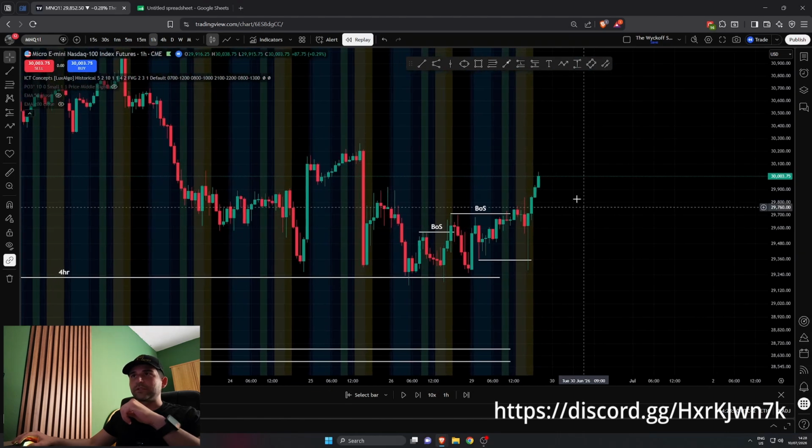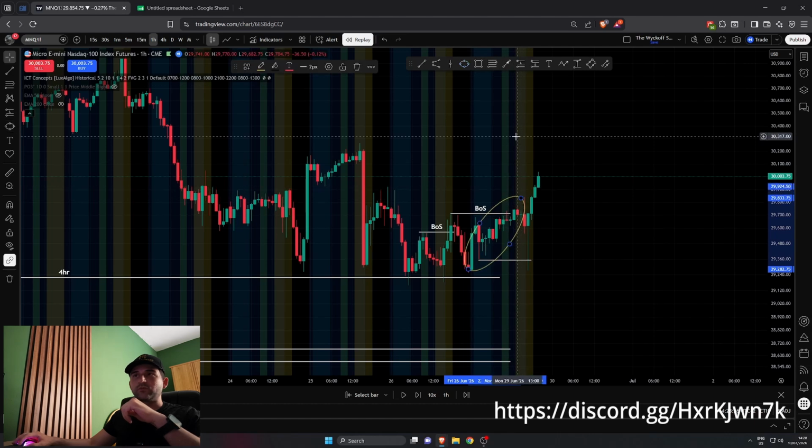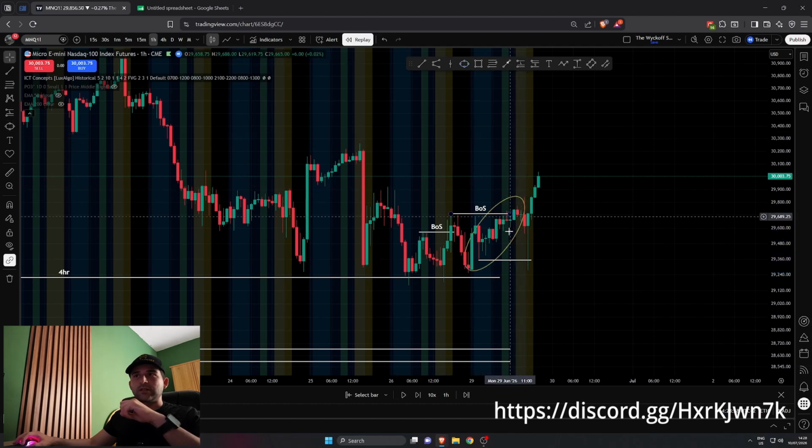Now I shall talk about this bullish price movement here. As you can see, on the 1-hour we have, let's say, a consolidation to the upside.